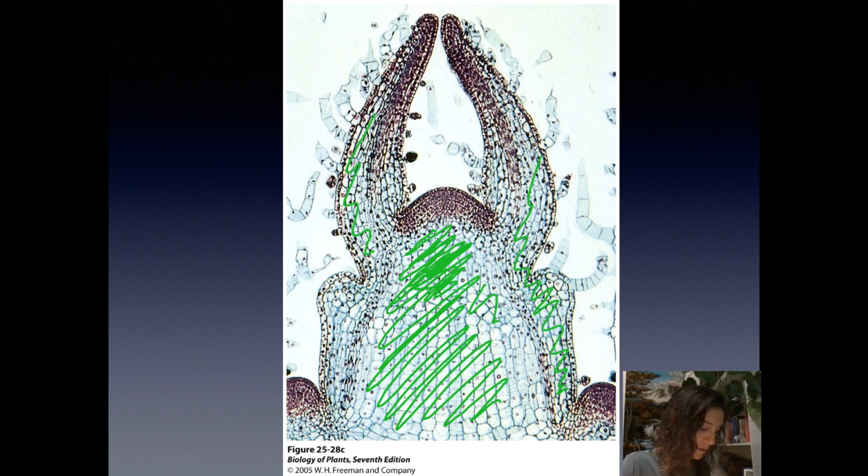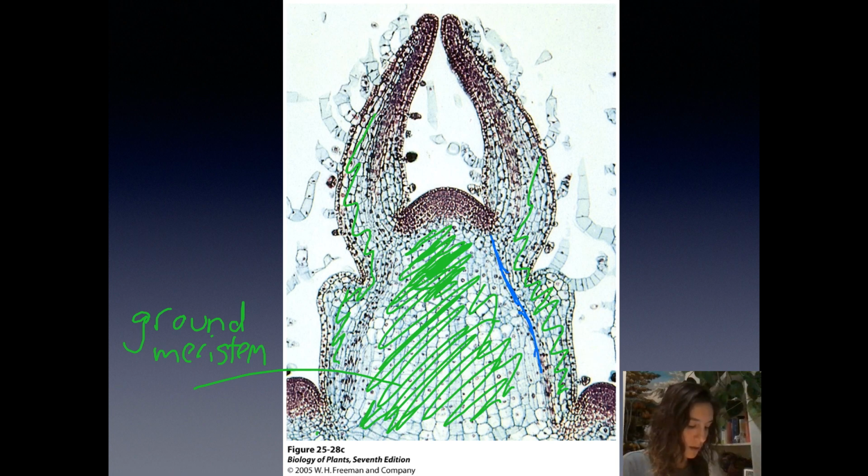It's all of this light blue parenchyma-looking tissue. The next layer that's visible is this line of tissue right here, and this is called the procambium. The third meristematic layer derived from the shoot apical meristem is the protoderm.